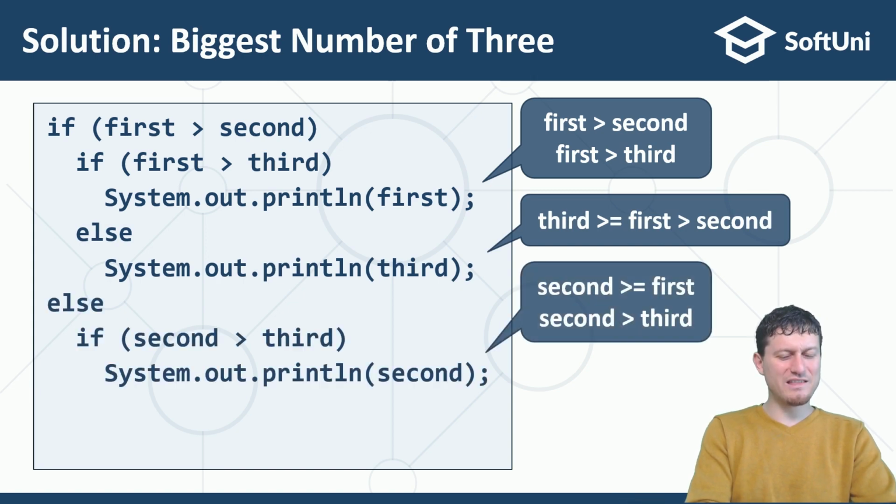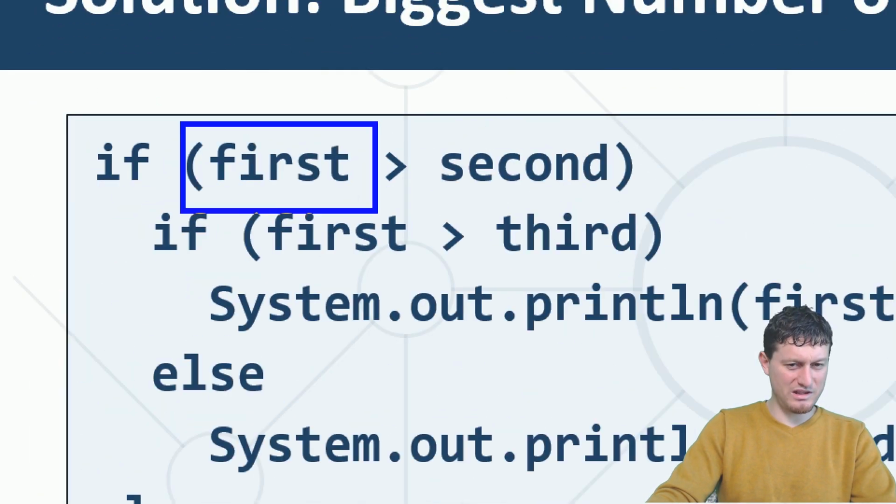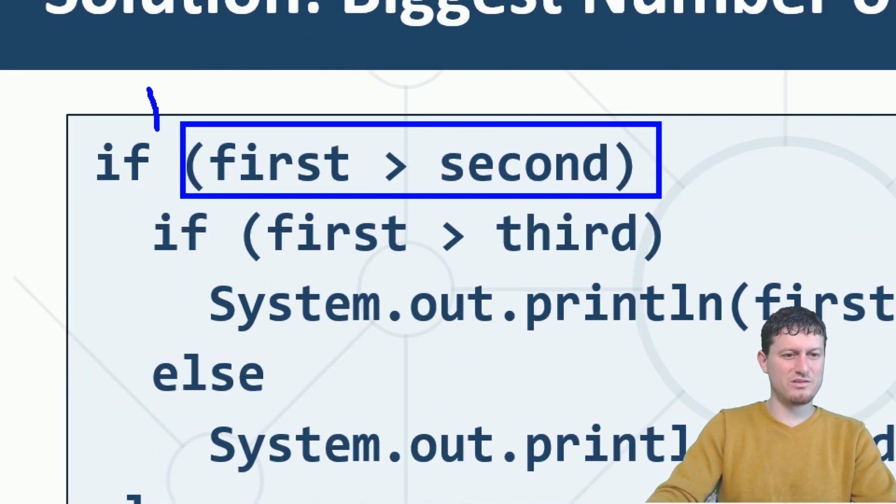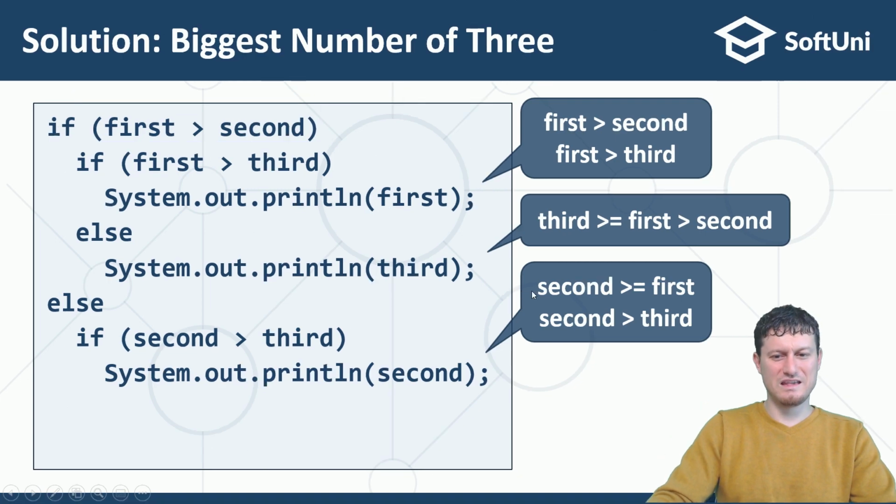Otherwise, we have that the second is bigger than the first, because it's the opposite of this. And at the same time, I have the second bigger than the third, so the second is bigger than both first and third, or equal, but this doesn't matter.